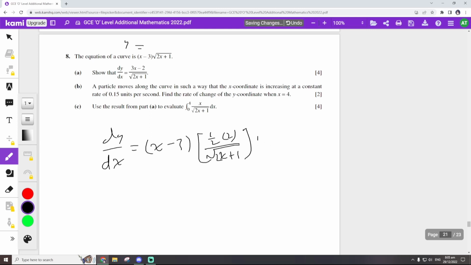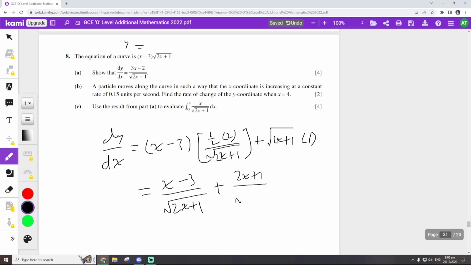Okay, and then add root 2x plus 1, differentiate x minus 3, you just get 1. So you get (x minus 3) divided by root 2x plus 1. And to make a common denominator, we multiply the top and bottom by root 2x plus 1, so I get (2x plus 1) divided by root 2x plus 1. And it's just a matter of combining fractions. You'll get (3x minus 2) over root 2x plus 1.